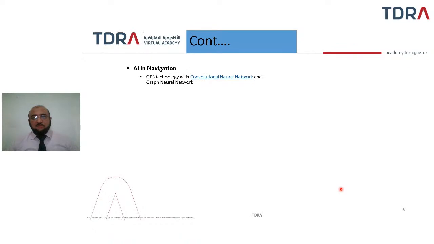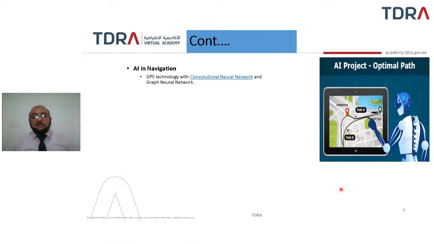Now we will discuss some applications of AI. AI is used in navigation, for finding the optimal path while driving.